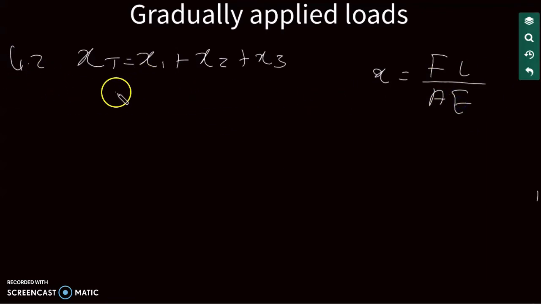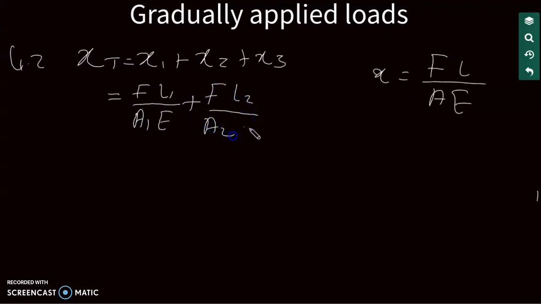Therefore, we're going to substitute here: force times length number 1 divided by area number 1 times modulus of elasticity, plus force times length number 2 divided by area number 2 times modulus of elasticity, plus force times length number 3 divided by area number 3 times modulus of elasticity.